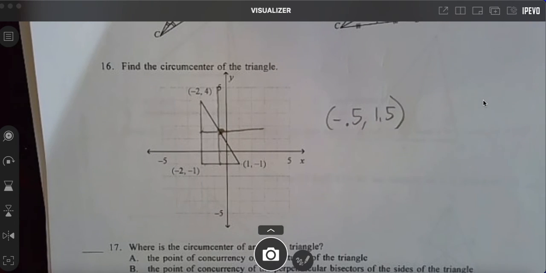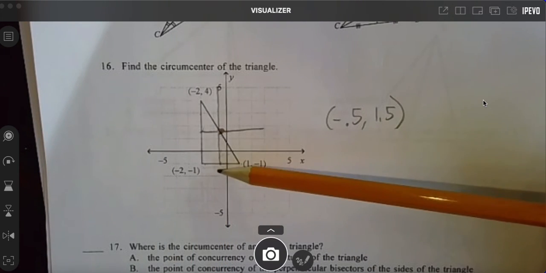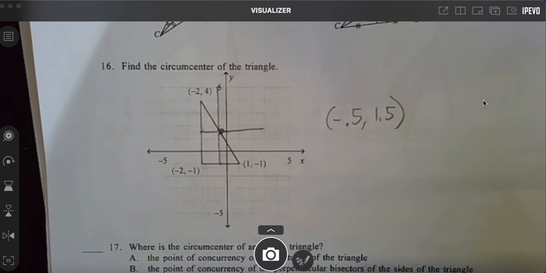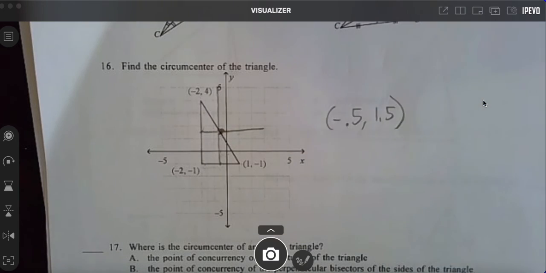Where is the circumcenter of any given triangle? B. The perpendicular bisectors. That's what we just did, right? We found the middle. That means like the bisectors, and we drew them where they were straight. They made like a 90-degree angle. That's perpendicular bisectors of the sides of the triangle. It's what we did on number 16. Your answer is B.